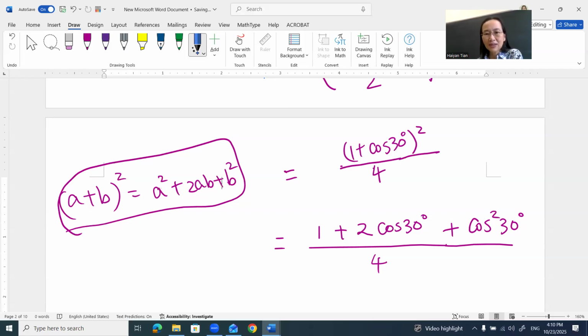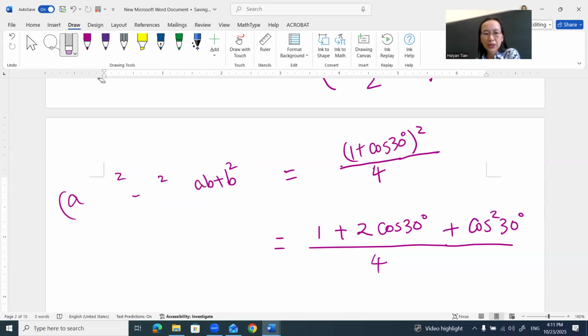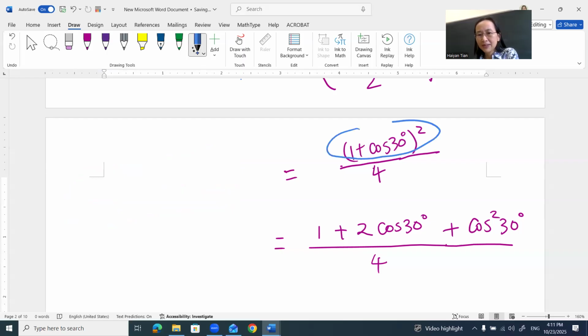That is this perfect square formula when a is 1 and b is cosine 30. That's how we get this. Now that's a review of the perfect square formula, because we need to remember that result to expand the numerator, right? This is the numerator.